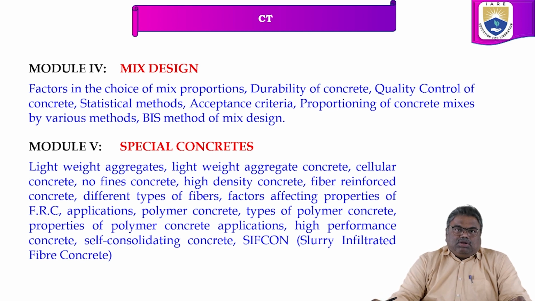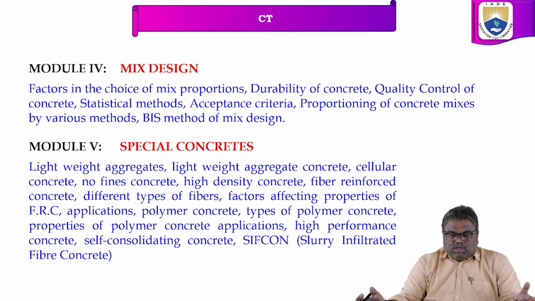High performance concrete, high strength concrete. These are very, very important structures. For example, if you see the Hyderabad metro rail project, the piers and permanent way are built with high strength concrete.